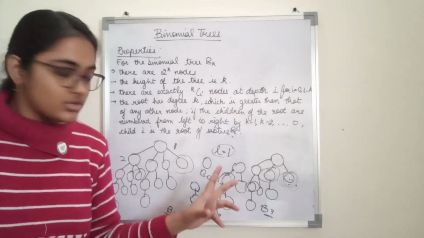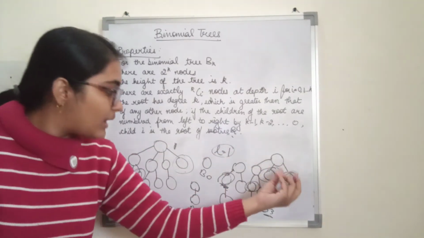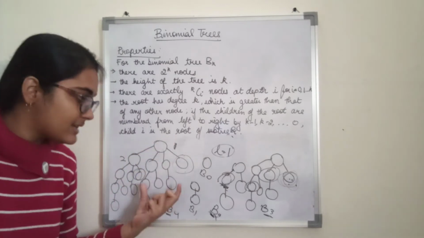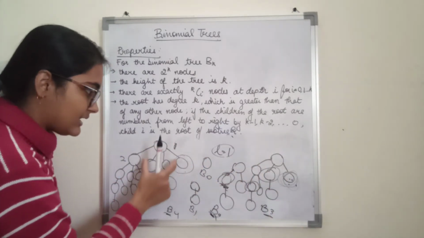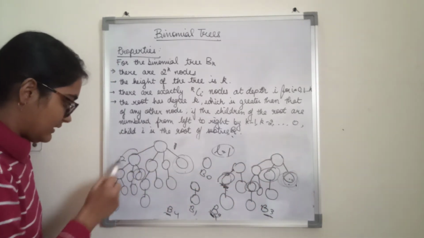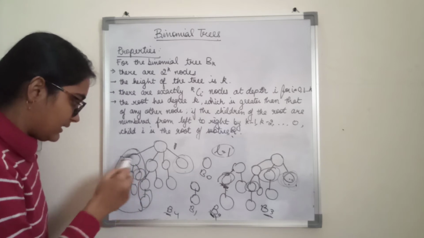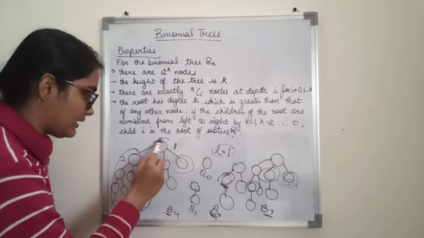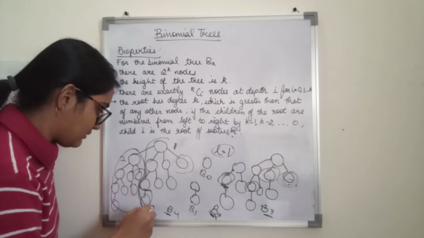Do you have any confusion in that? Because these two b3s are joined now. So one b3 is joined like this and one b3 is attached. One b3 is present here, and one b3 is present here. Wait a second.